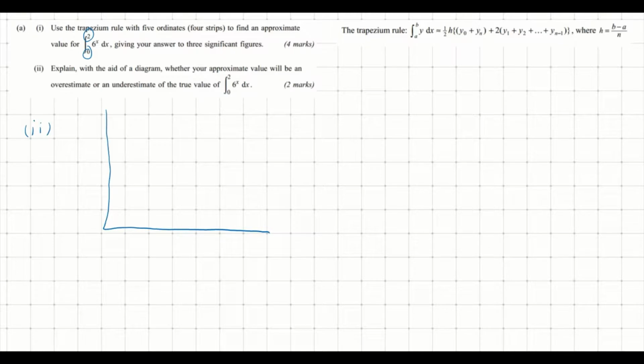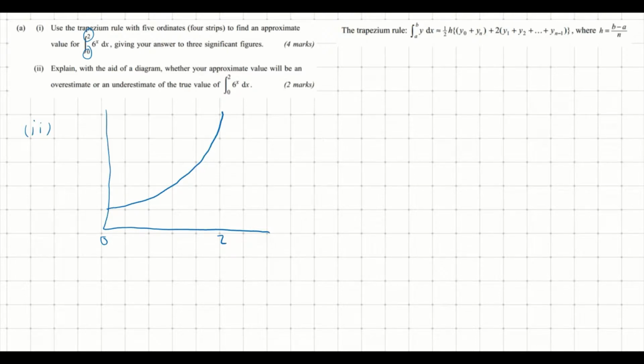And we're going between 0 and 2. If we plot a graph of y equals 6 to the x between 0 and 2, you get a curve that looks a bit like this. And this is a convex curve.